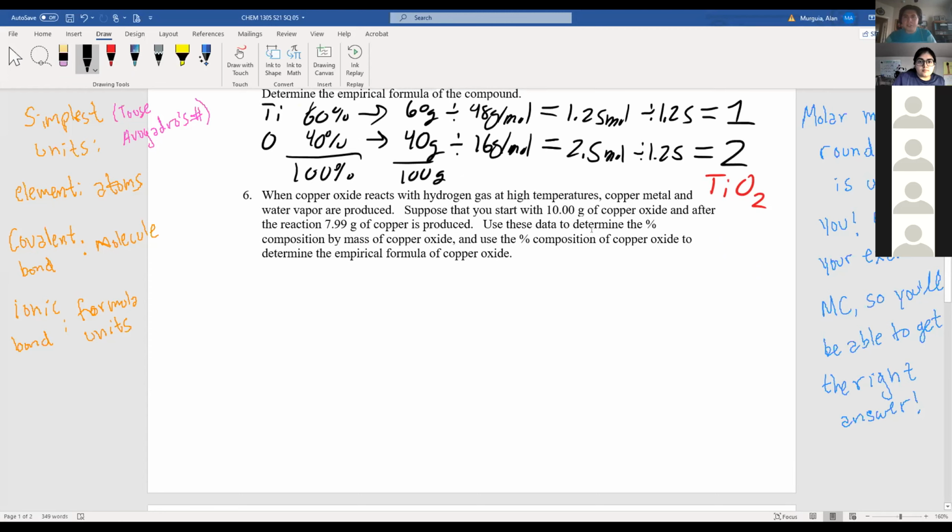Then use the data to determine the percent composition by mass of copper oxide. Wait, is it just repeating itself? Yeah, it is. So use the percent composition of copper oxide to determine the empirical formula of copper oxide. So what's the first thing you guys would do? What's the first thing you would write down in order to help you solve this?